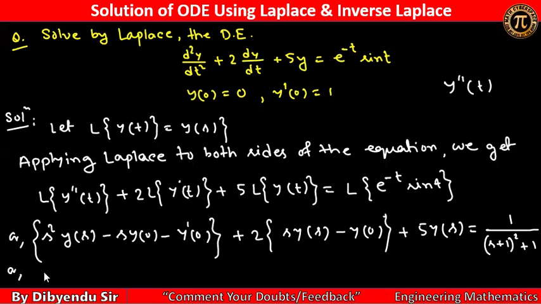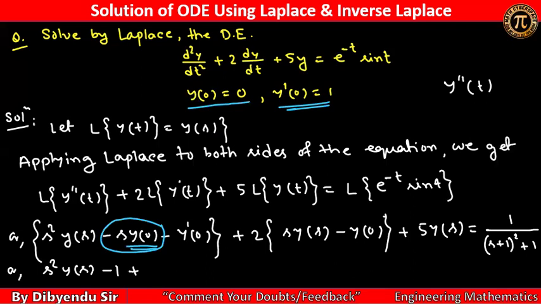So s squared Y(s). Now tell me what is the value of y(0)? y(0) equals 0, right? So in place of y(0) you can write 0, which means this term is neglected. Now y'(0) equals 1, so you can write s squared Y(s) minus 1. Clear? Plus 2 into s Y(s) minus y(0).